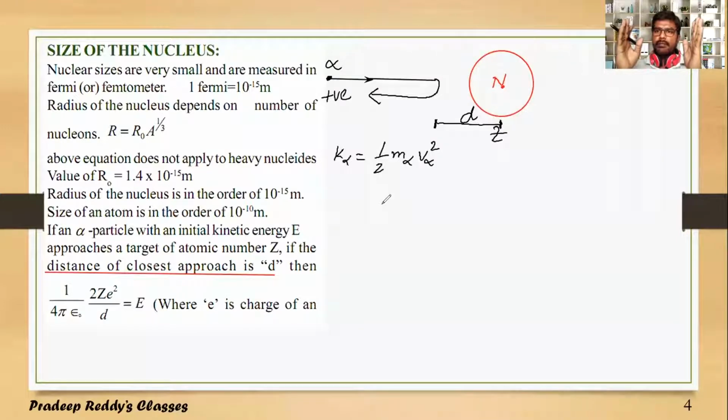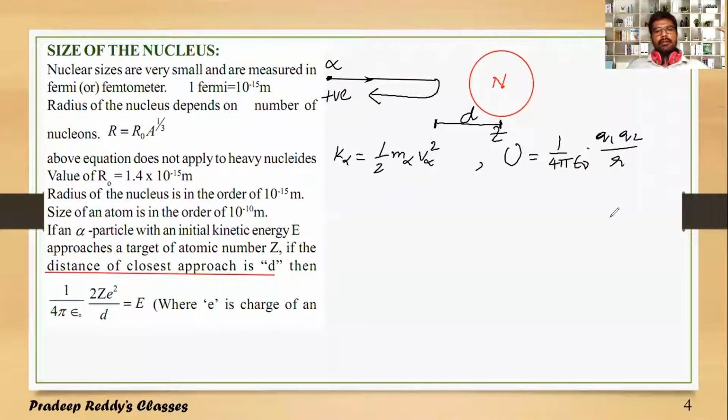If the separation between two charged particles decreases, the force between them increases, resulting in an increase of potential energy, because the equation for potential energy between two charged particles is 1 by 4 pi epsilon naught into q1 q2 divided by R, where R is the separation between the two charged particles.